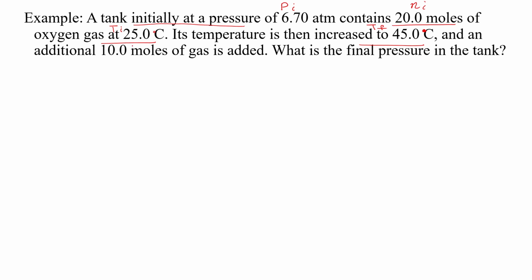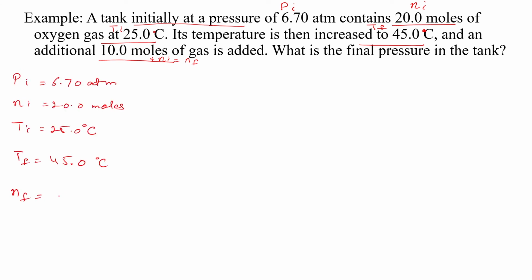And an additional 10 moles of gas is added. So for moles of gas, remember that initial moles was 20 and 10 more moles are added. So how many moles at the end will be this plus Ni, right? So let's write down everything that we have. So Nf will be 20 plus 10.